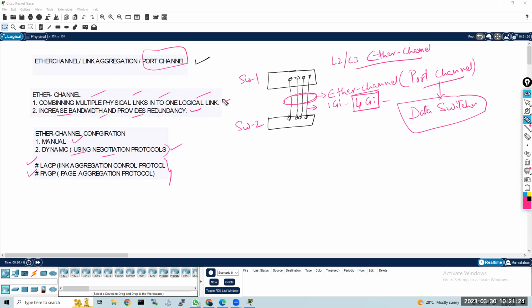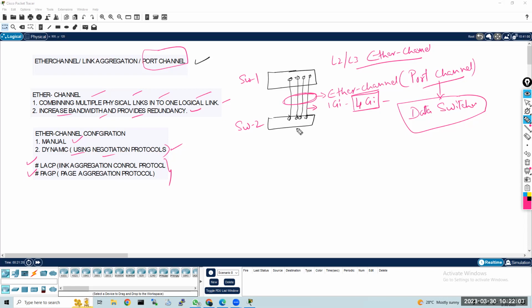The process of bundling is like how we do it in VLANs: we assign some ports, say 0 to 4 or 0 to 3, to one VLAN. Same thing, but here some commands are a little bit changed and there are some conditions, so we should remember that.